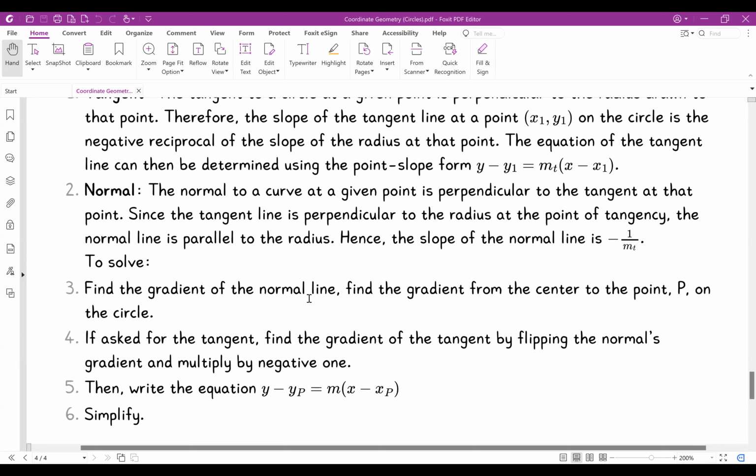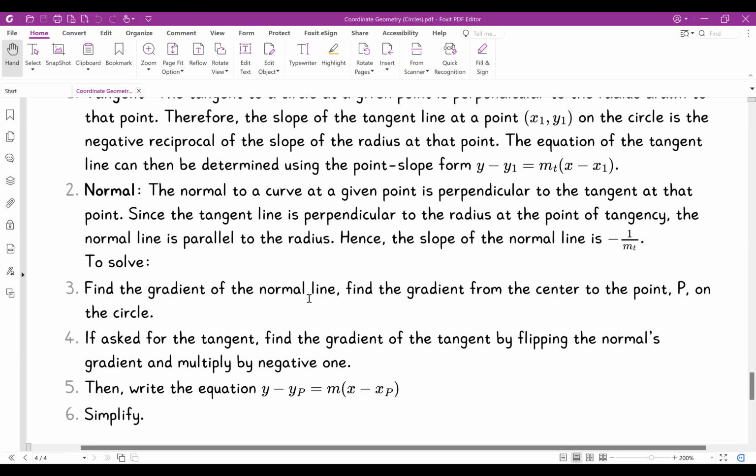If you have -2/3 as your gradient, you flip it to -3/2 and change the sign from negative to positive, so you get 3/2. Got that? That made sense? So if your normal is 5, and you need a tangent, you say -1/5.